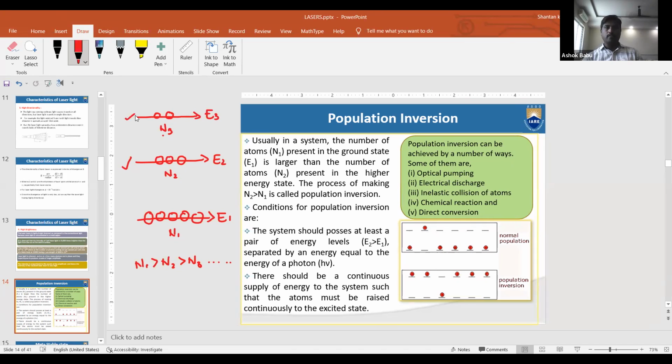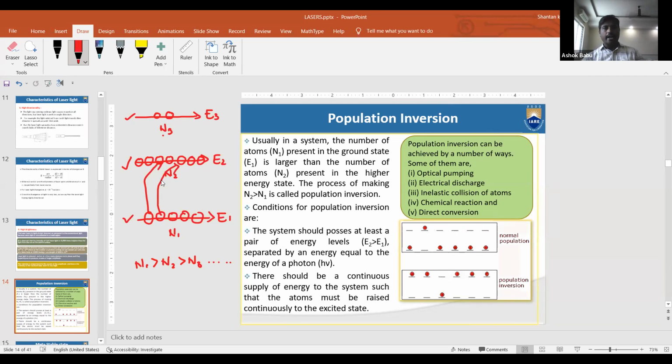When we see E1, E2 and E3, here we observe the usual occupation, N1 greater than N2 and greater than N3. When the number of atoms in the E2 state is greater than in the E1 state, it is called population inversion. That is possible with the pumping mechanism. Using pumping mechanisms, atoms in the ground state are excited to the higher energy state.